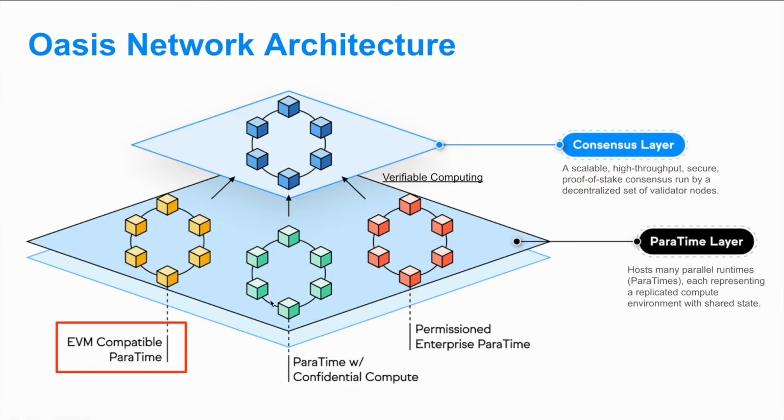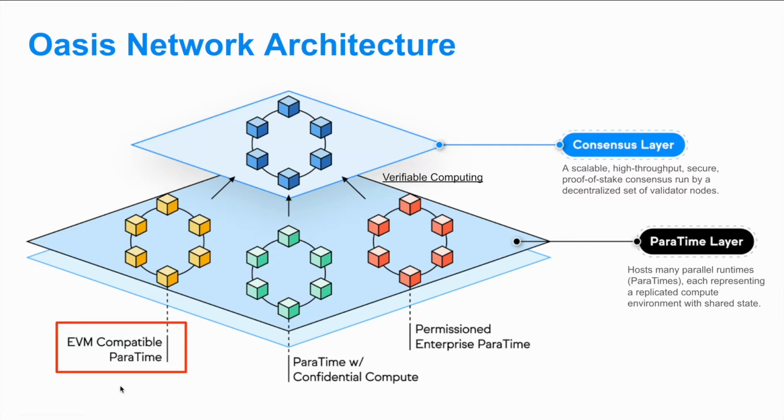And then we have other ParaTimes, for confidentiality, for example, maybe for some data management, with analytics, with encrypted data. So it's more used for enterprise, where you have some permissioned enterprise ParaTime. This would be the Parcel SDK, if you want.